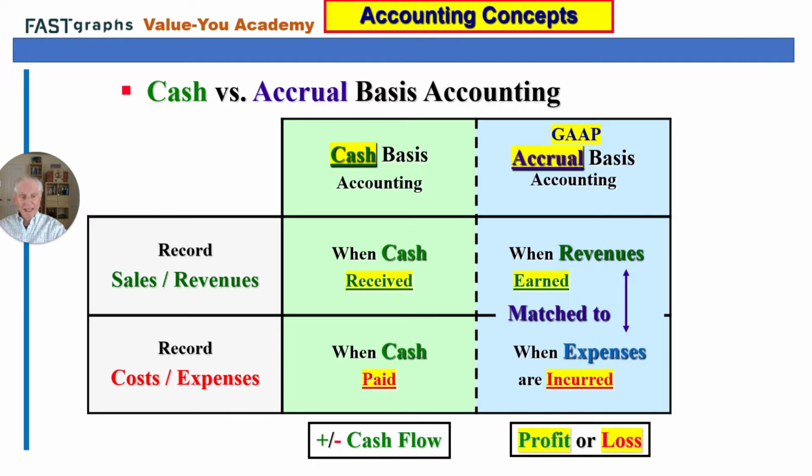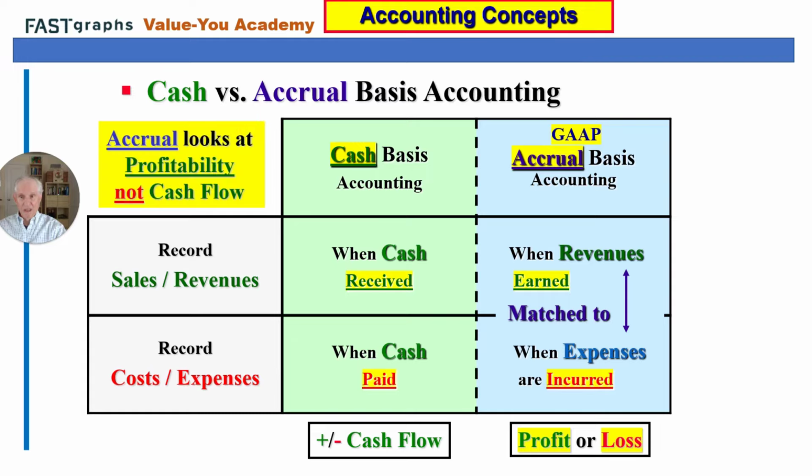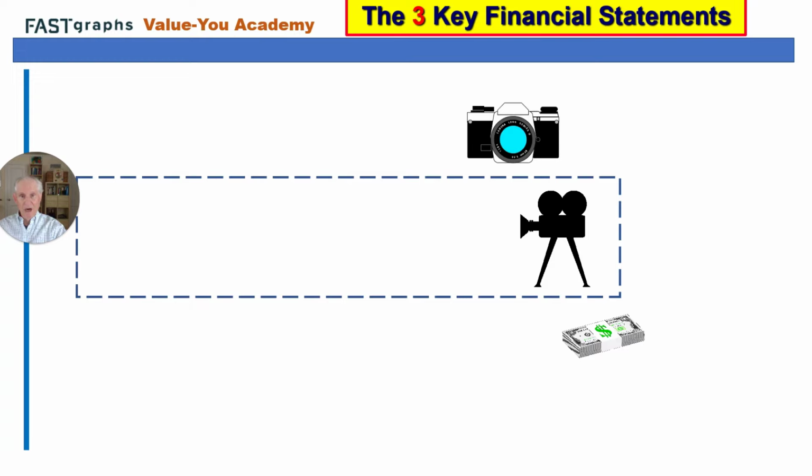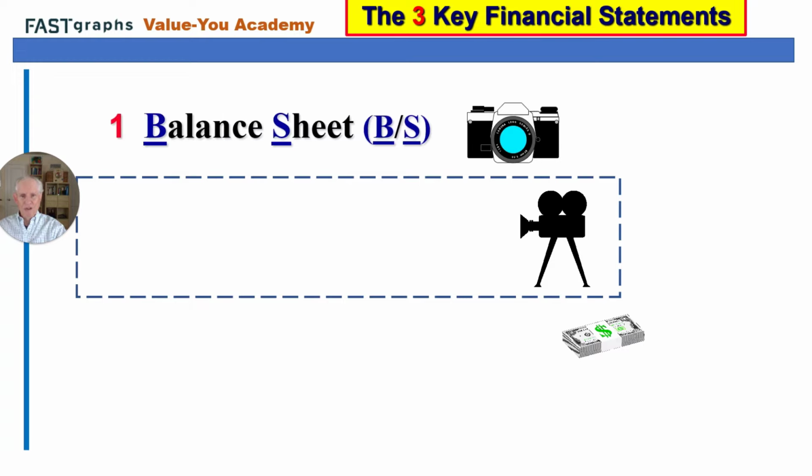And that's why in 1988, FASB and GAAP said all companies that are public must show us a cash flow statement. We'll get into cash flow statement a little later. Now, here's the key. Accrual looks at profitability, not cash flow. So when we look at the income statement, which we're going to do, we'll be looking at profits, not cash. All right. Three key statements. The last one, the balance sheet, the financial health of a business on one day.